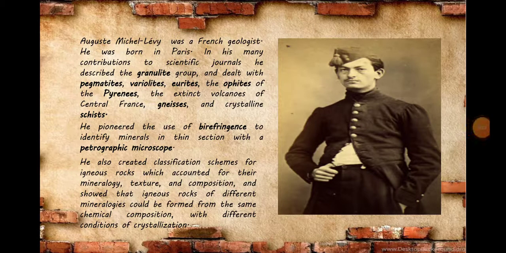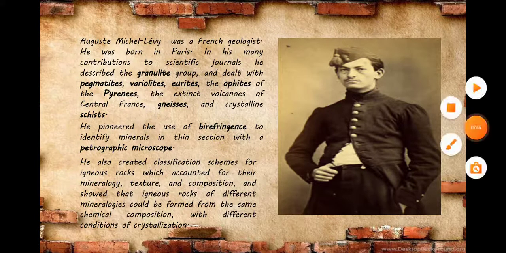He also created classification schemes for igneous rocks, which accounted for their mineralogy, texture, and composition, and showed that igneous rocks of different mineralogies could be formed from the same chemical composition, with different conditions of crystallization.